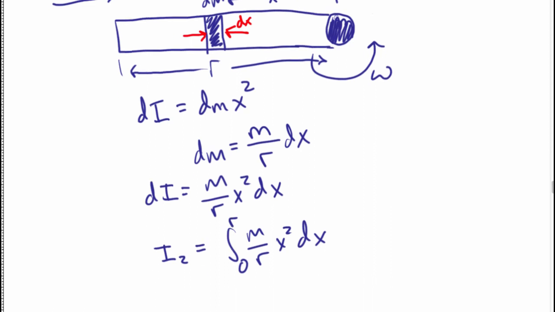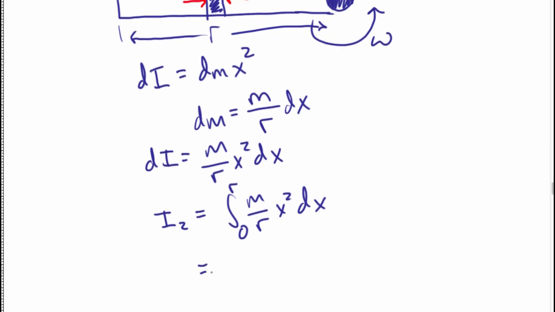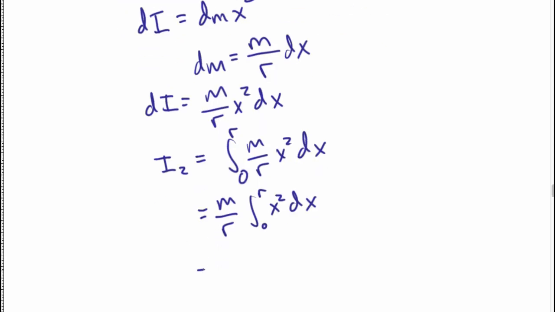Now remember, r is a constant, so this m over r just comes right out of my integral, because r is just the radius of the arm, of the cylinder. So all I'm integrating is x squared dx over the limit 0 to r. And that's not too terribly bad.